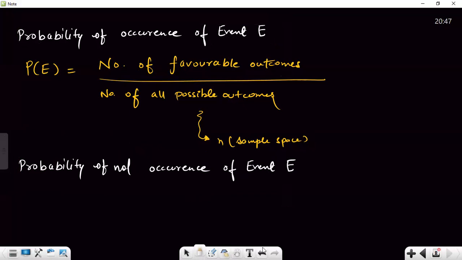The probability of non-occurrence of event E will be given by the probability of E bar, like we did with matrices, transpose, or when we talk about the complement set in sets. Here we talk about the non-occurrence of an event, which will be given by 1 minus the probability of E. Is that clear? This is the probability of an event not happening.